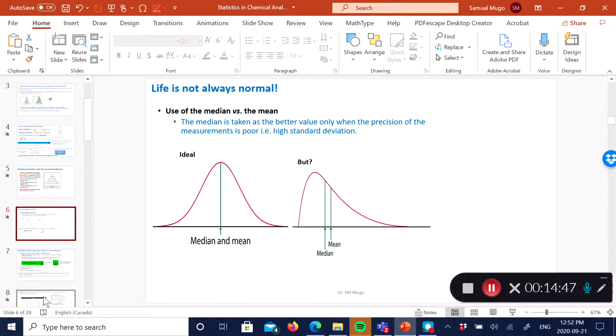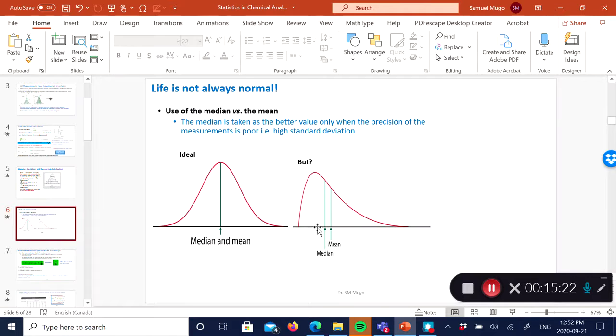Now remember, life is not always normal. In fact, in most cases, it's not. And you would expect, in some cases, for the mean to be equal to the median. Okay. Now, that is only true if you're dealing with a normal distribution type of data. But in reality, like I said, you don't repeat the measurements too many times because of the constraints of time, of money, and so forth.